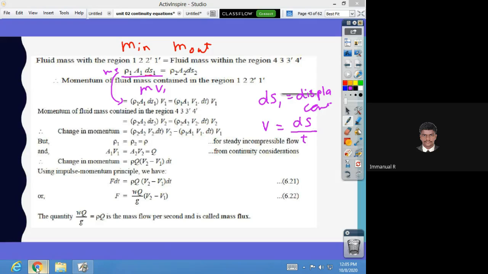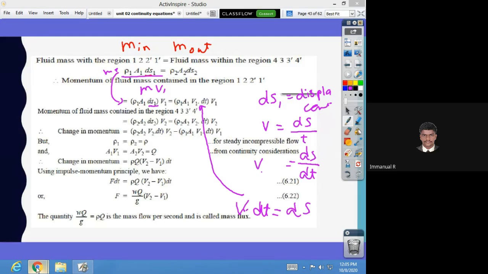If we want the instantaneous velocity, it is ds divided by dt. So v is equal to ds divided by dt. If I want only the value of ds, then ds will be equal to v into dt. So instead of ds1, I will replace it with v1 dt, into v1.